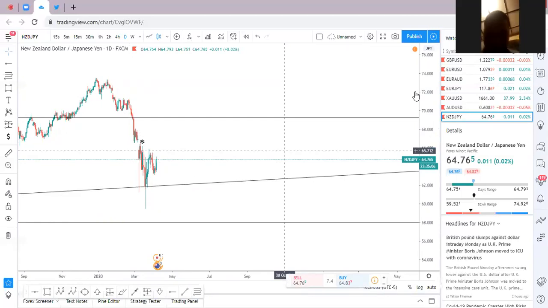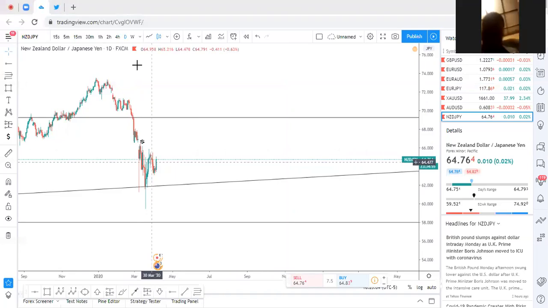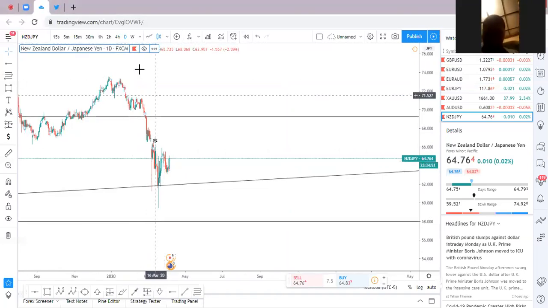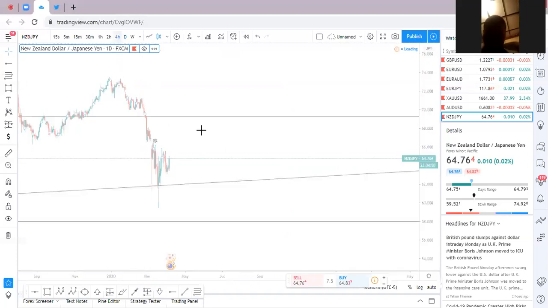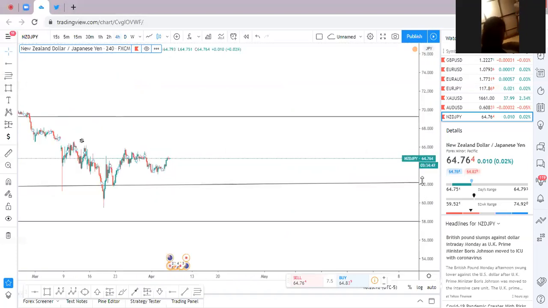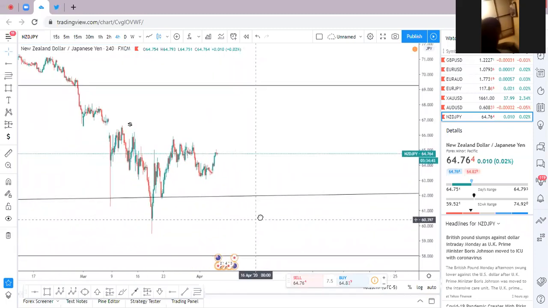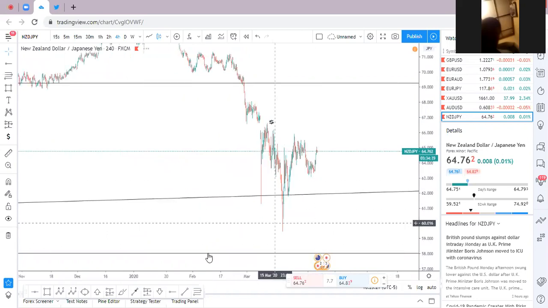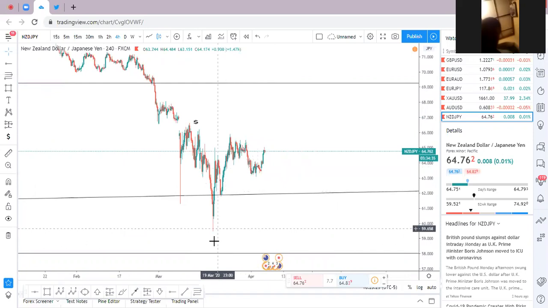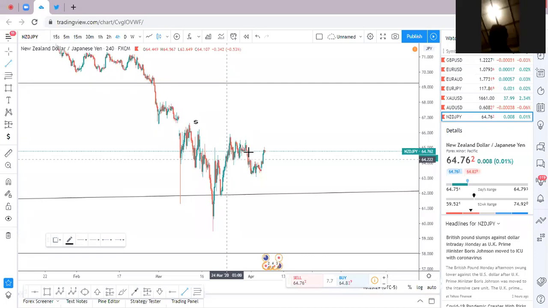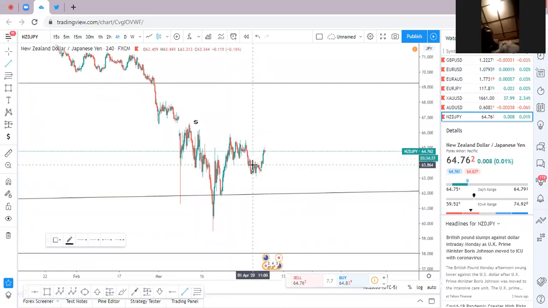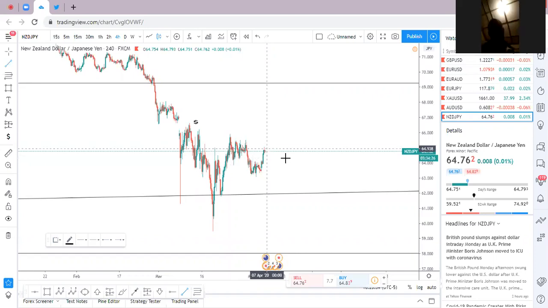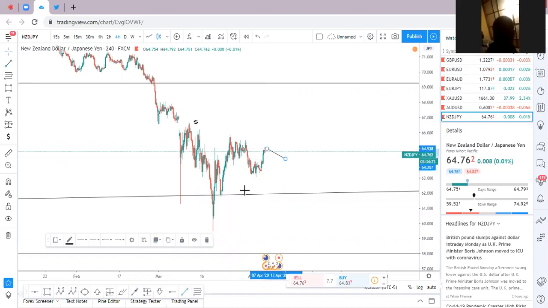Check AUDJPY. So before it starts going up again, lowering into the 4-hour time frame for us to pick our entry. So the best thing we can do here is trying to give us a continuation pattern in form of a flag.